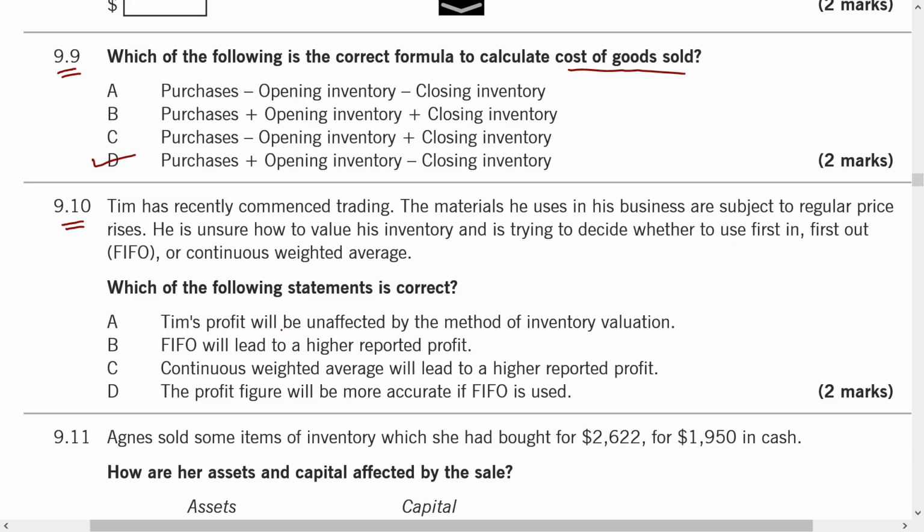T's profit will be unaffected by the method of inventory valuation, and it's untrue, we have already discussed it. FIFO will lead to a higher reported profit, and yes, it's true, and we have discussed it in our question number 1 also.